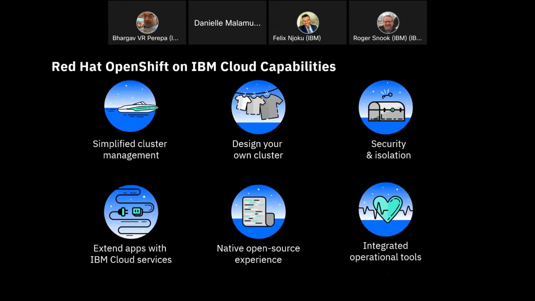Another simple way to explain: simplified cluster management, designed for your customization, multi-tenancy and isolation. Anywhere you have a gap that OpenShift today cannot fulfill, it's extensible. It's pluggable and extensible, and you can roll out your own.